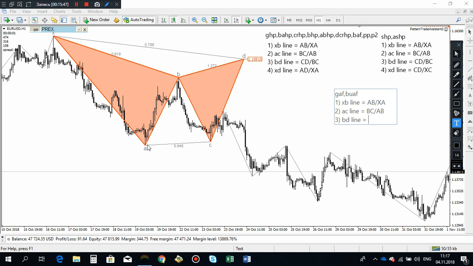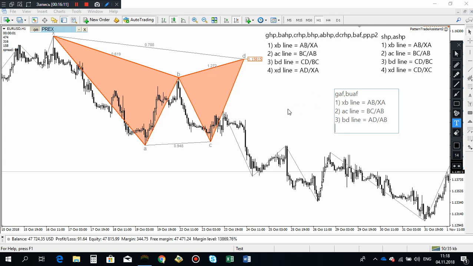So how do we calculate the AB extension? We first need to know the total distance from A to D, and then we divide it by AB. This way we compare how this A to D is extended past AB. It is the AB extension in Gartley advanced formation and butterfly advanced formations.